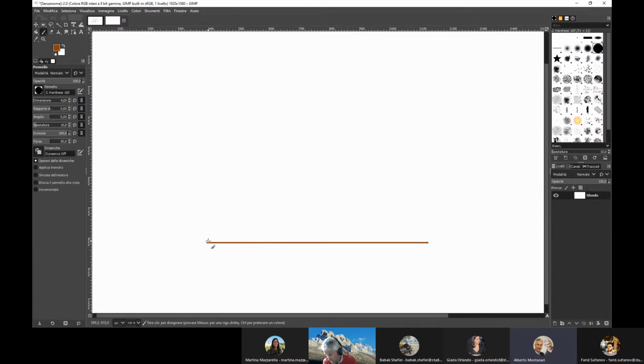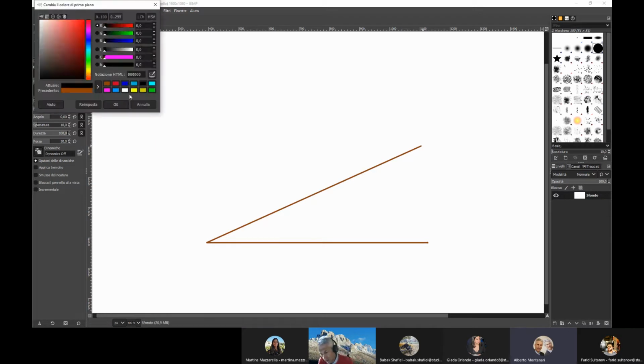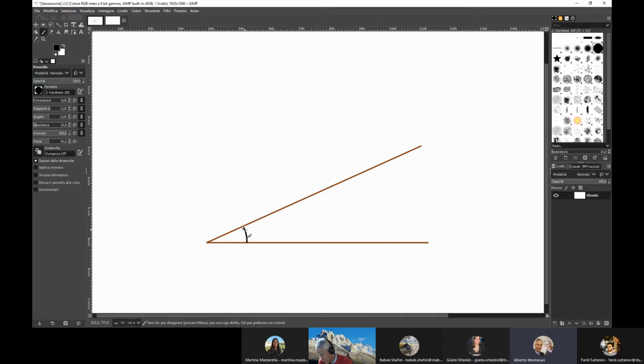So let's suppose that this is the foundation, and let's suppose that this is the side of the breakwater. Good. And let me make it less sloped, because otherwise it's not really realistic. So let me make it in this way. And let me indicate with the symbol beta this angle here.